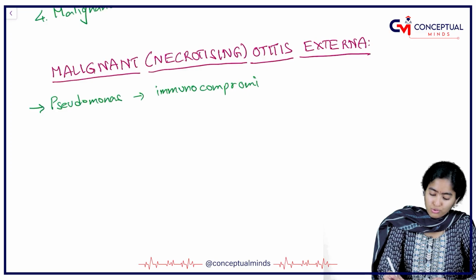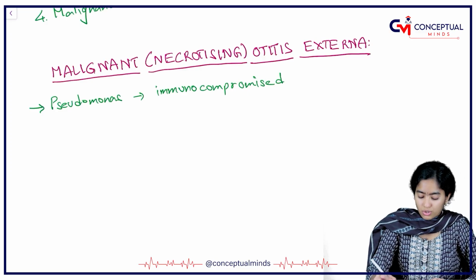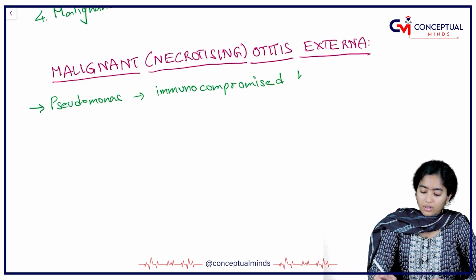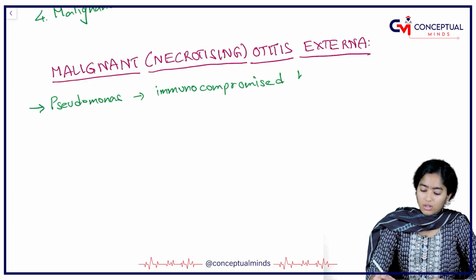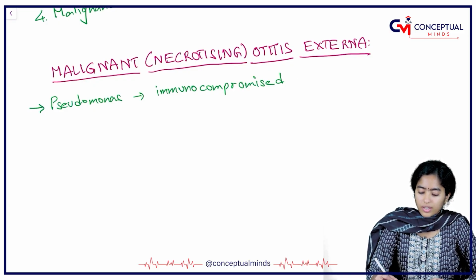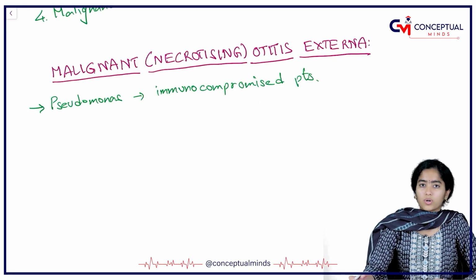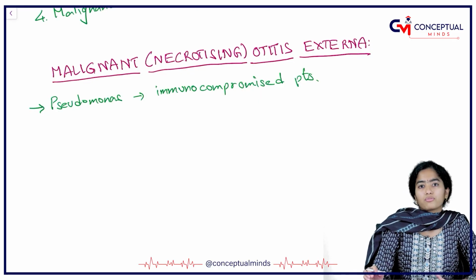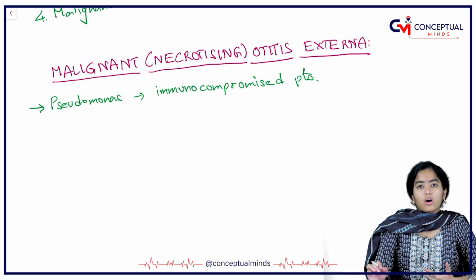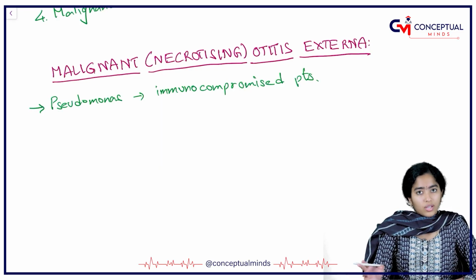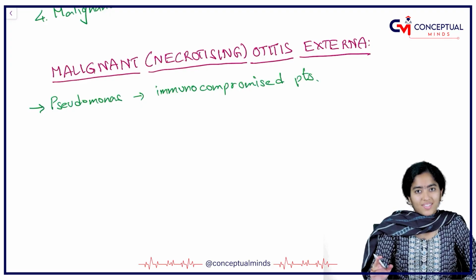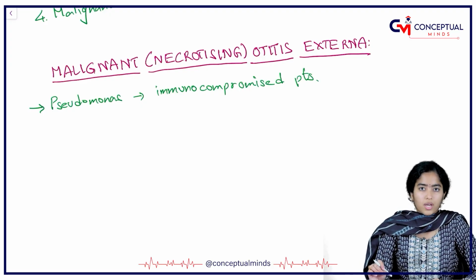As such, Pseudomonas is a notorious bacteria, and when it occurs in immunocompromised individuals, who are immunocompromised individuals? The ones suffering from diabetes, from HIV/AIDS, who are on steroids, who are on immunosuppressive drugs, post-transplant patients.